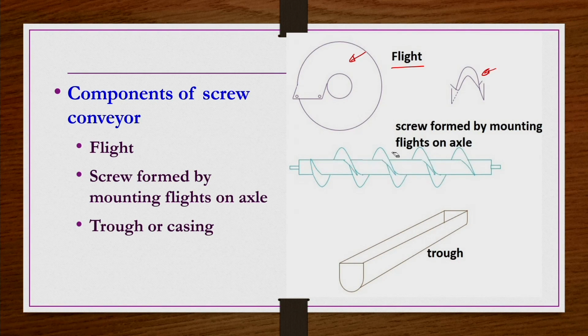When it rotates, it takes the material to the next level, and during this process mixing also takes place. This screw set is taken in a trough or a casing, with material coming in here and then taken out here. These can be covered, and sometimes they can be open as well.